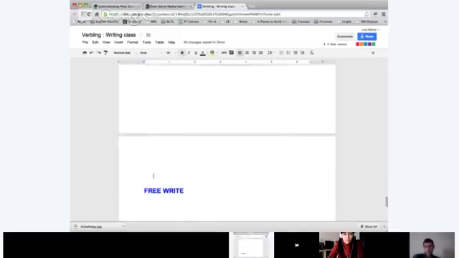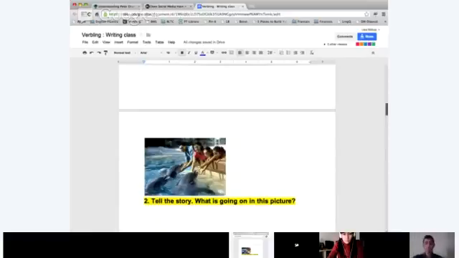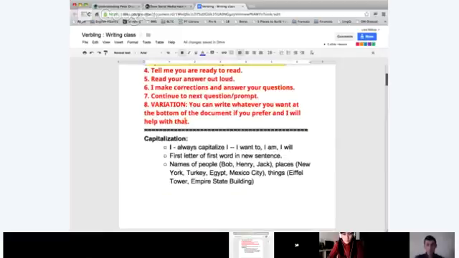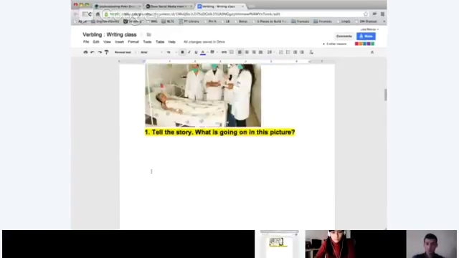If you don't want to write on any of those, then you can just do a free write here, which means you can write whatever you want, and then I will correct it for you. So if you're working on something specific that you would like to practice writing, then you can do it down there. Okay? So if you are ready, you can get started. The way this works is, for example, if you're going to work on number 1, you just put your cursor there and click, and then you write your name.